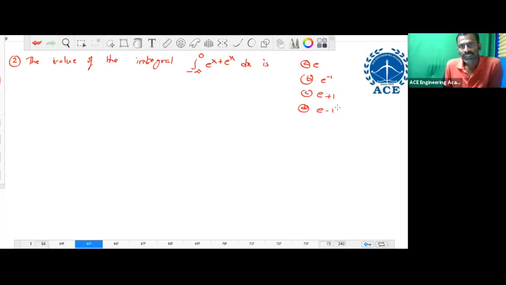An exponential function is given inside the integral, with e power x in the place of the exponent. This is the function. It is a definite integral because the integral is given along with the limits, but one of the limits is infinity, so it is an improper integral, that too with an infinite limit.